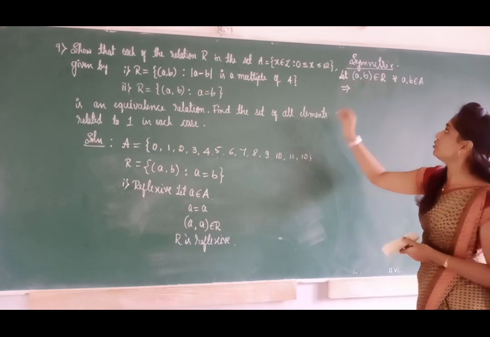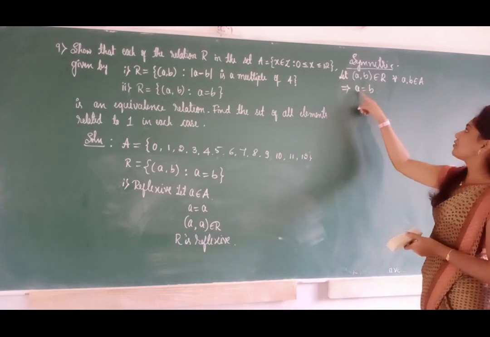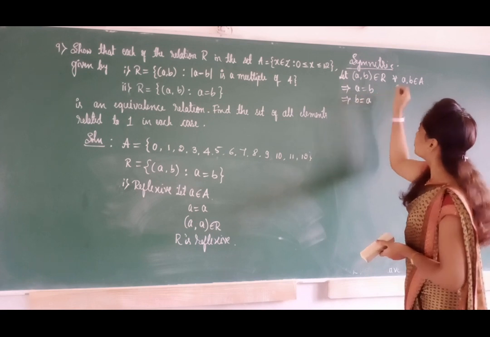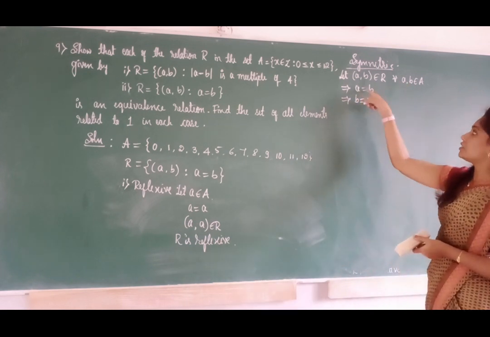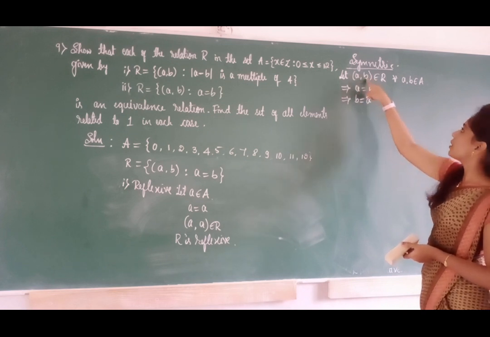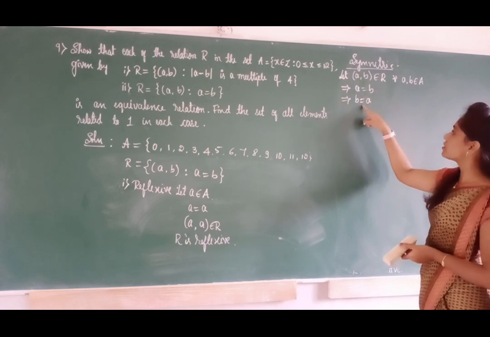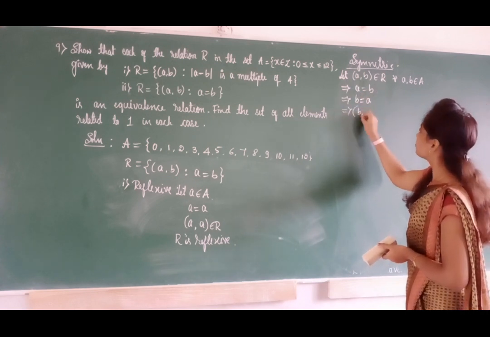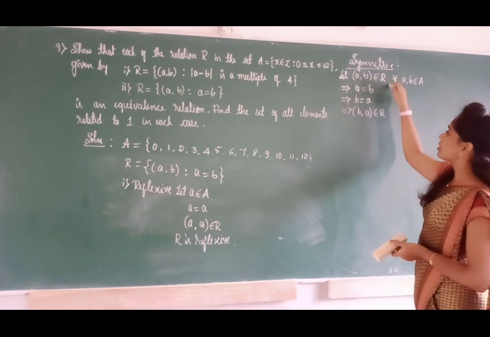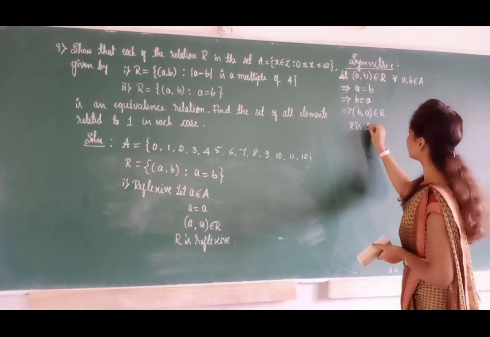A is equal to B. If A is equal to B, then obviously B is equal to A. So AB belongs to R means A is equal to B, B is equal to A, meaning ordered pair BA belongs to R. So AB belongs to R, then BA belongs to R means R is symmetric.